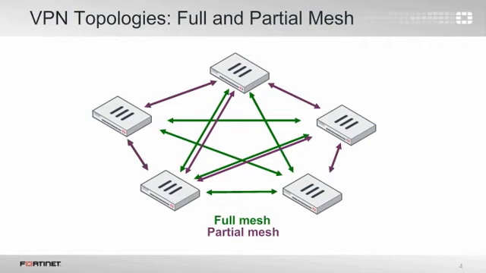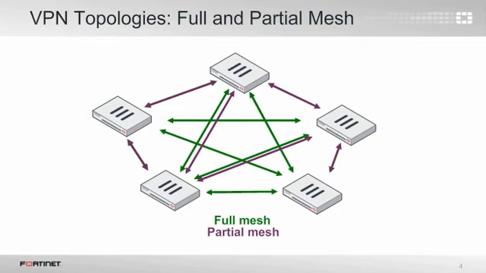Partial mesh attempts to compromise, minimizing required resources as well as latency. Partial mesh can be appropriate if communication is not required between every location. However, each FortiGate's configuration is still more complex than hub and spoke. Routing, especially, may require extensive planning.